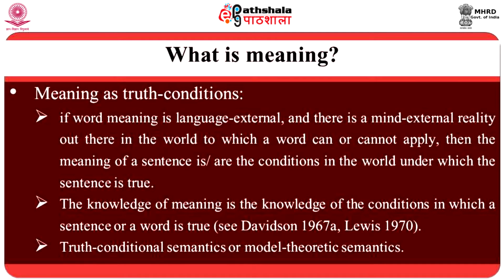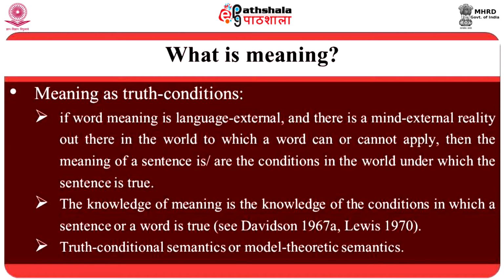Then, if word meaning is language external and there is a mind external reality out there in the world to which a word can or cannot apply, then the meaning of a sentence is the conditions in the world under which this sentence is true. The knowledge of meaning is the knowledge of the conditions in which a sentence or a word is true.